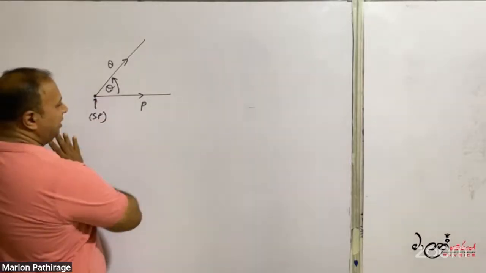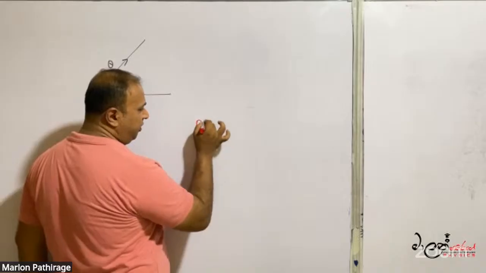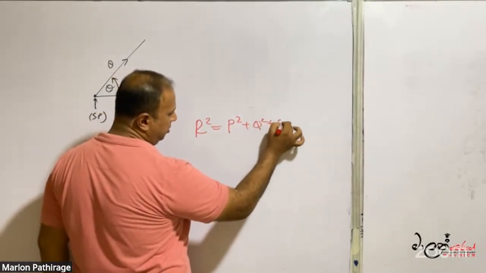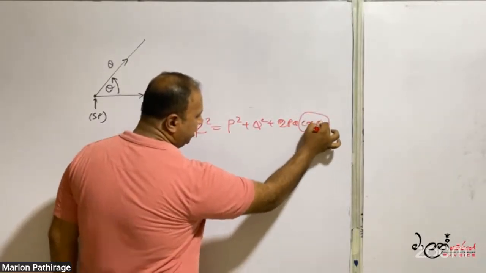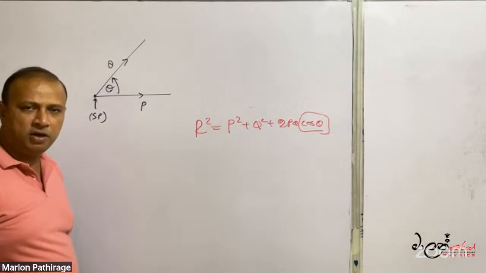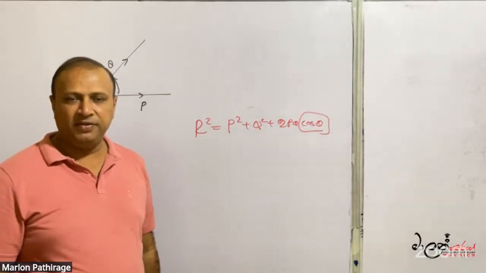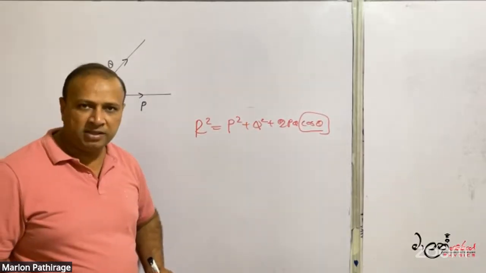Okay, then when you are using this equation, 2PQ cos theta, here theta is equal to the angle between two vectors. How do we determine the angle between two vectors?